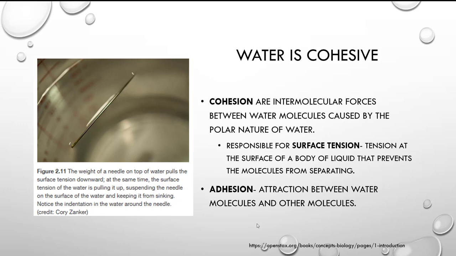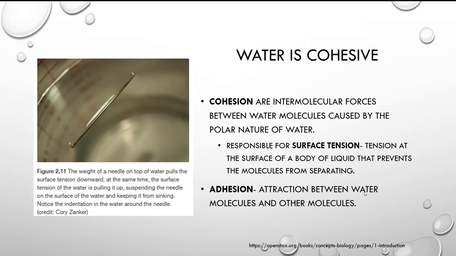The way that happens is through the processes of adhesion and cohesion. Adhesion is the attraction between water molecules and other molecules. Water, being polar, is attracted to other molecules that can be polar.